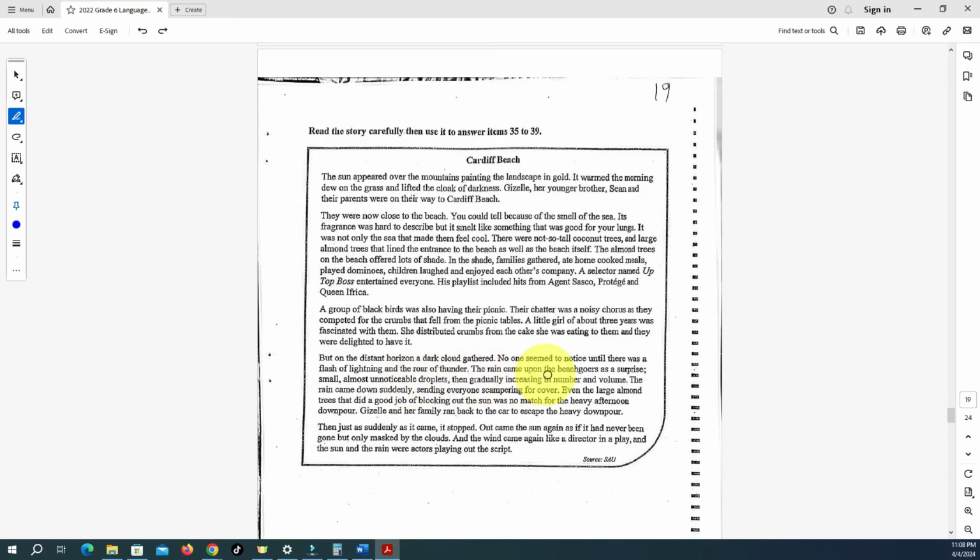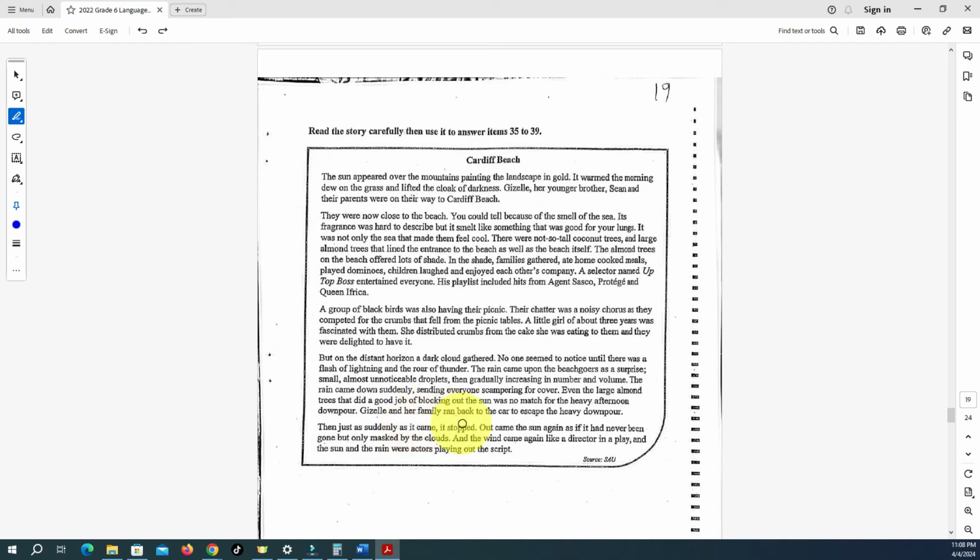The rain came upon the beachgoers as a surprise. Small, almost unnoticeable droplets, then gradually increasing in number and volume. The rain came down suddenly, sending everyone scampering for cover. Even the large almond tree that did a good job of blocking out the sun was no match for the heavy afternoon downpour.